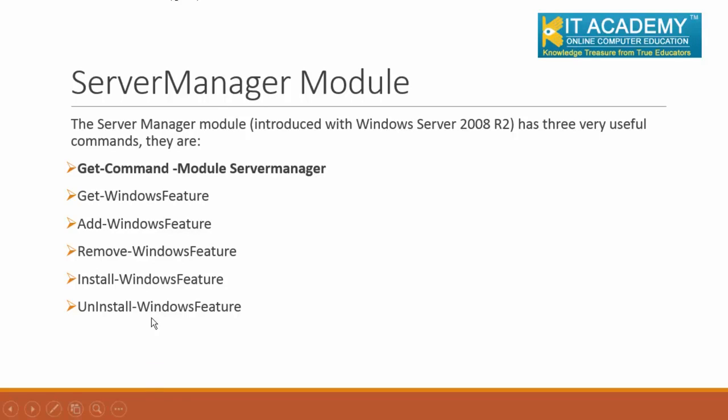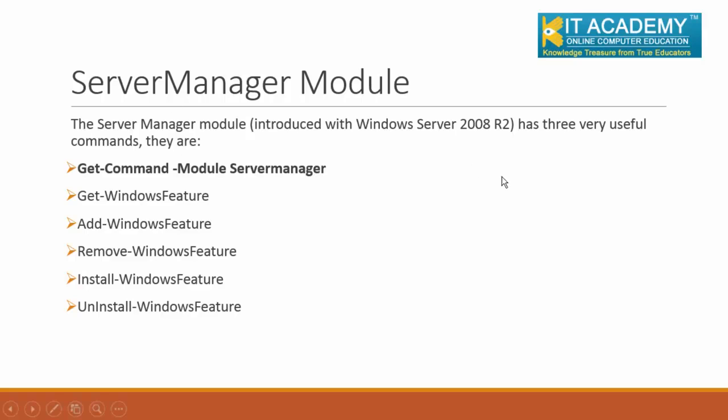Please note, Install-WindowsFeature and Uninstall-WindowsFeature you're supposed to use only if you're working on Windows Server 2012. But on Windows Server 2012, even if you use Add-WindowsFeature or Remove-WindowsFeature, it works, no problems. But ideally, what Microsoft recommends is to use Install and Uninstall-WindowsFeature if you have to install the features on Windows Server 2012.